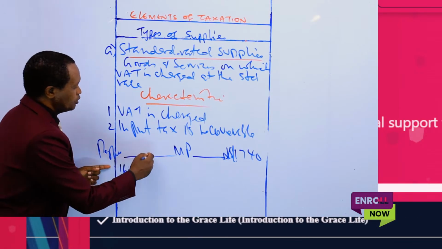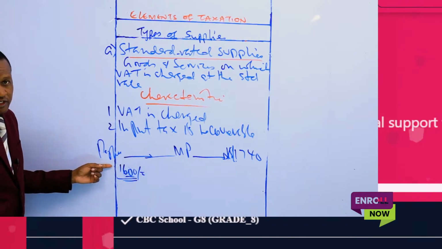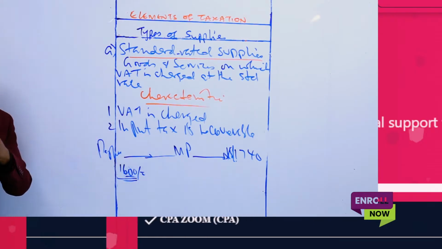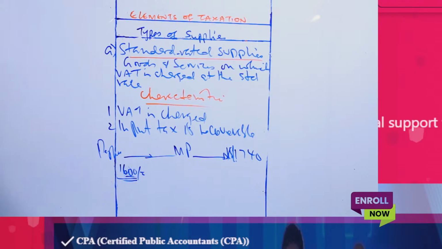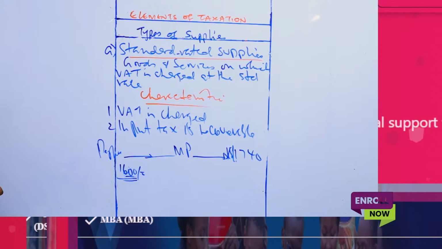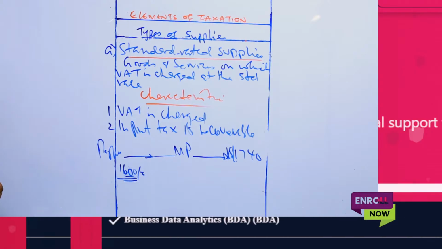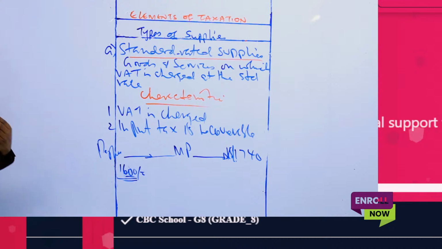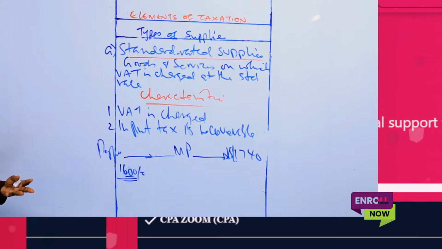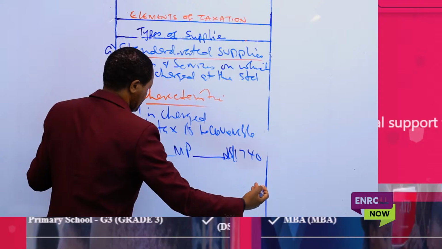This paper is an input. We have other services and expenses, candidates. These are supplies, services and expenses. So a VAT registered person making standard rated supplies can claim a deduction for the input tax that they incurred on purchases and expenses used to make these supplies. And that is the core mechanism of VAT, where the tax burden is passed on to the final consumer.